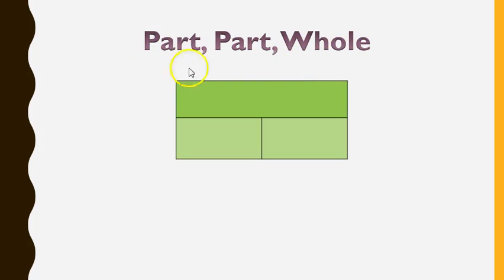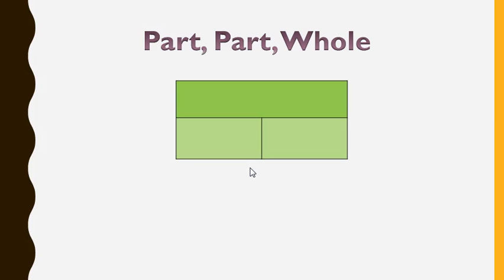And depending on what you have and what you're looking for will determine if you're going to be adding, subtracting, multiplying, or dividing. So if you can picture this concept when you're looking at a story problem, it's really going to help you when you're trying to determine which operation to do.